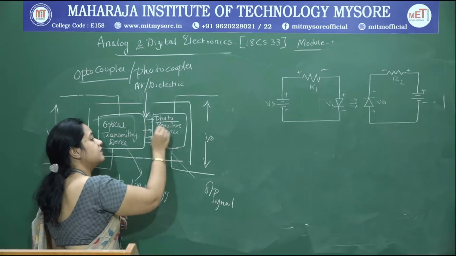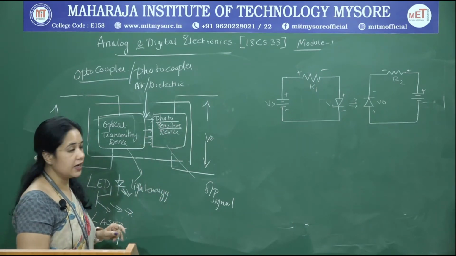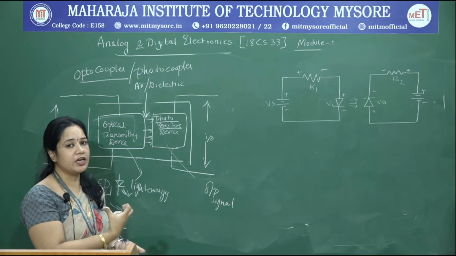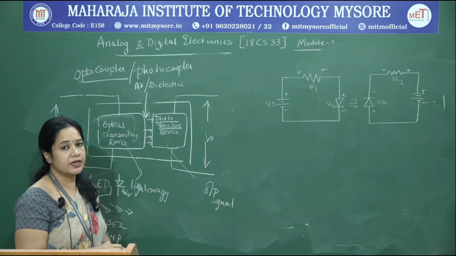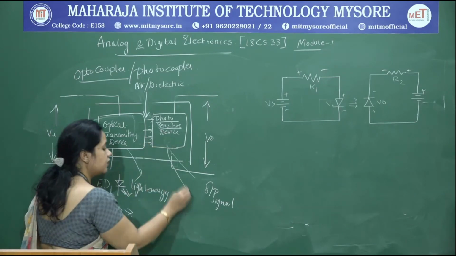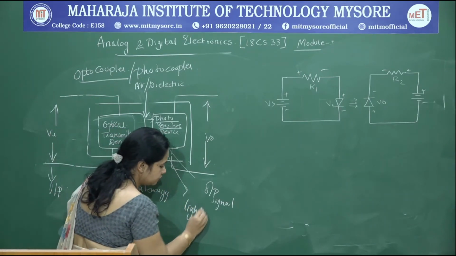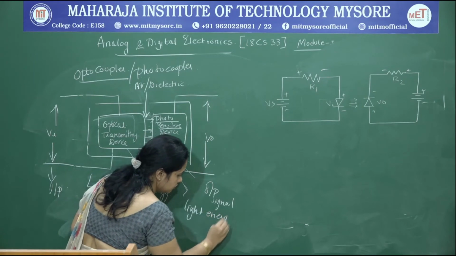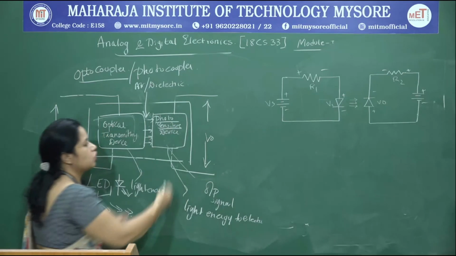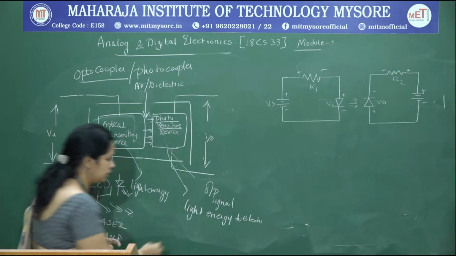And for photosensitive devices, as the name indicates, they are devices which sense the presence of light energy and convert it into electrical energy. So you can think of this as a transducer which converts light energy to electrical energy.